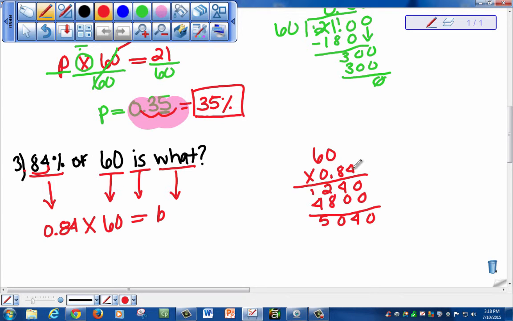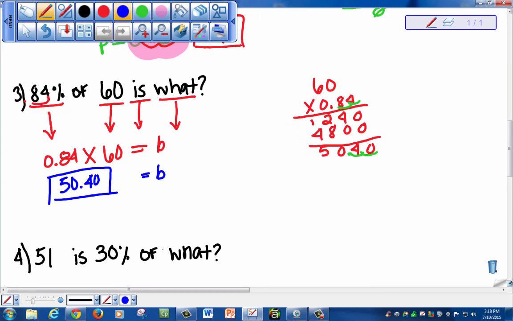We have 2 decimal places, so we do the same thing. So B equals 50.4. So we know that 84% of 60 equals 50.4.